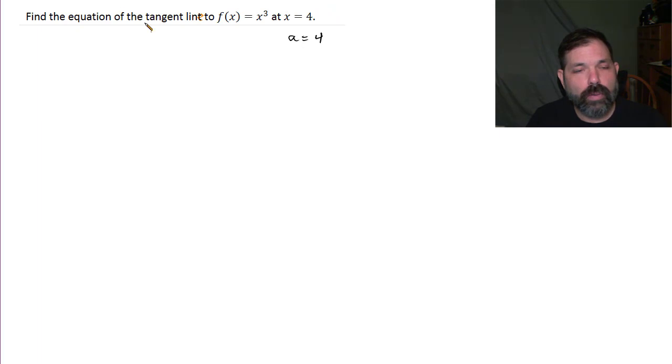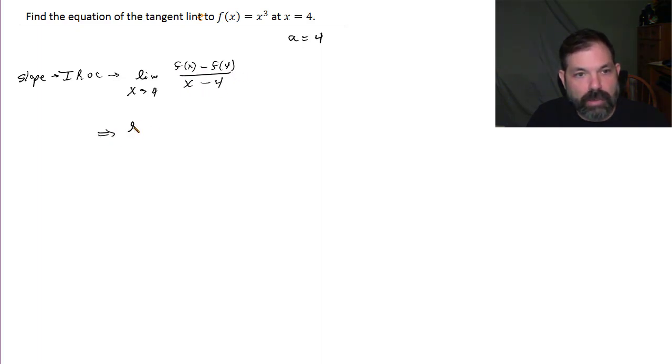If we want the equation of the tangent line, I need the slope of the tangent line first. The slope is the instantaneous rate of change, and so that's the limit with x approaching 4 of f of x minus f of 4 over x minus 4.